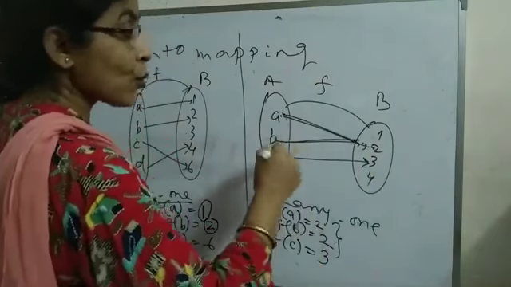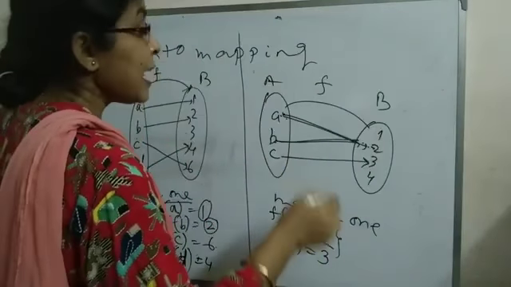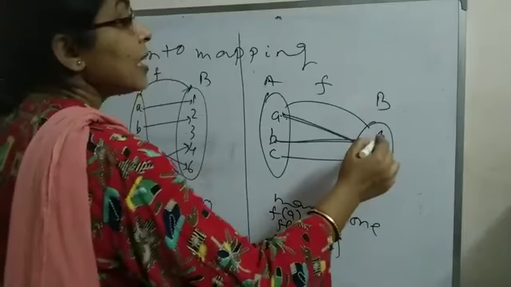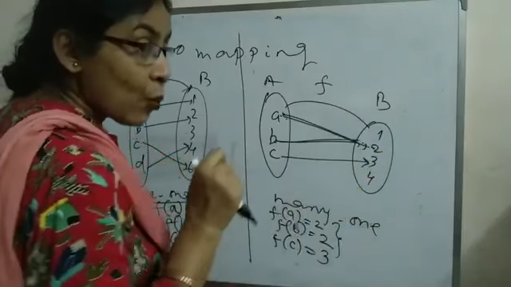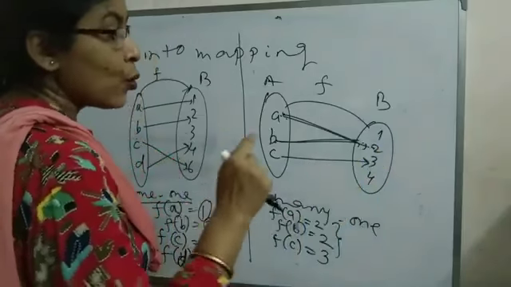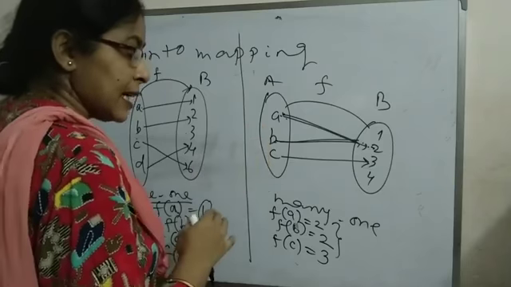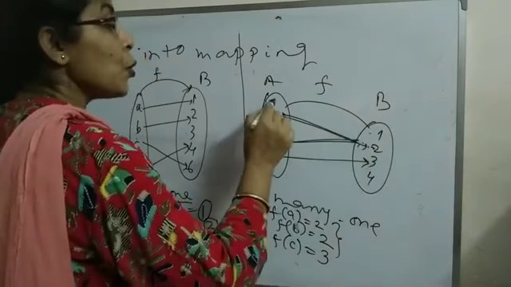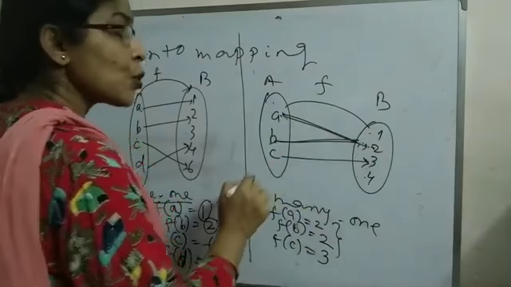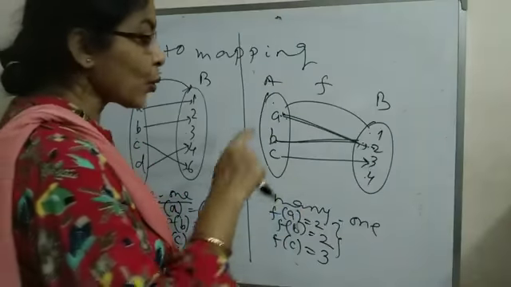Many goes to one, so I can say many-one. And why is this into? There exists at least one element in B which has no preimage in A. Here 1 has no preimage in A, 4 has no preimage in A, so it is into.